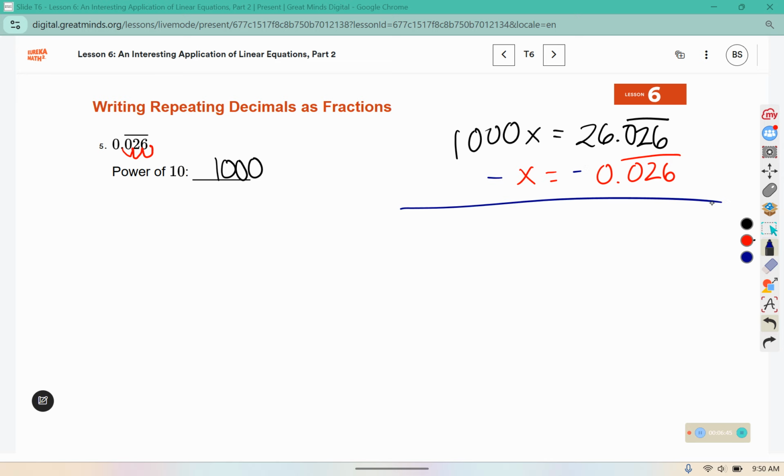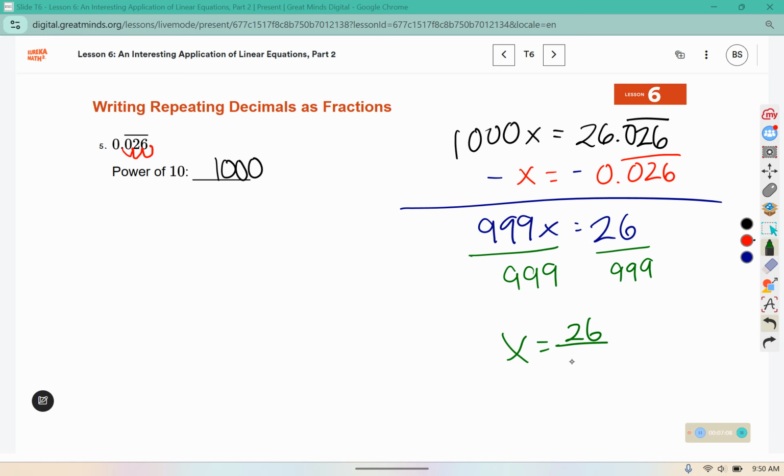Subtract it from both of them. 1000x minus x is 999x. 26.026 repeating minus 0.026 repeating is just 26. Divide both sides by 999 to solve it for x. Leave it in the fraction form because that's the whole goal.